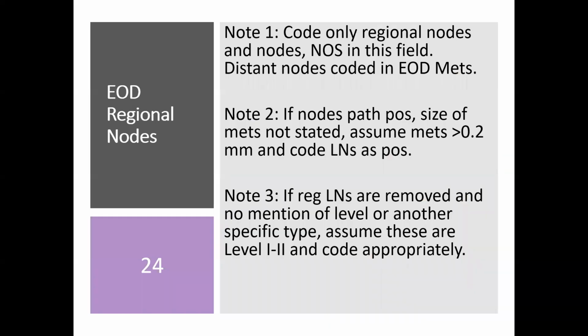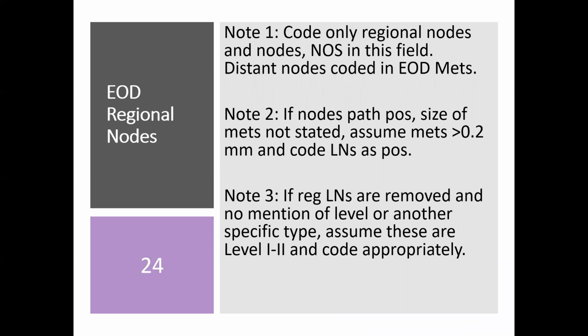Okay, so the EOD regional nodes. In our QC review of this field, we found a 73% correct rate, and this fell below the SEER goal per field of 85% correctness. A lot of common errors were coding a path negative lymph node to 000 instead of 070.